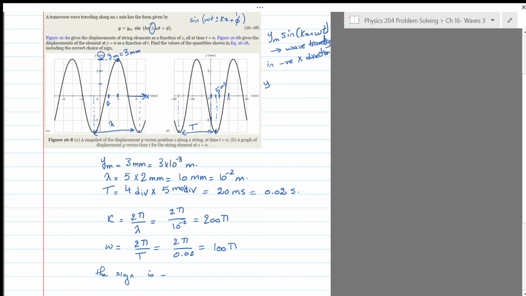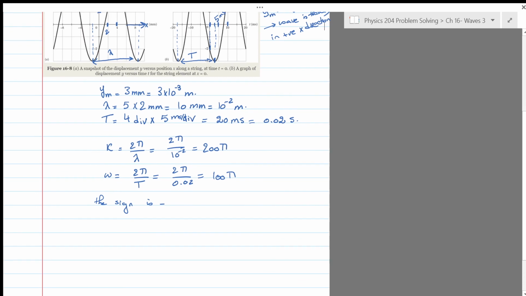And if the equation is ym sine kx minus omega t, then the wave is traveling in the positive x direction. So since we have seen that this is traveling in the positive direction, then this means that the sign must be minus. So we finished the sign, and we still need to find phi.